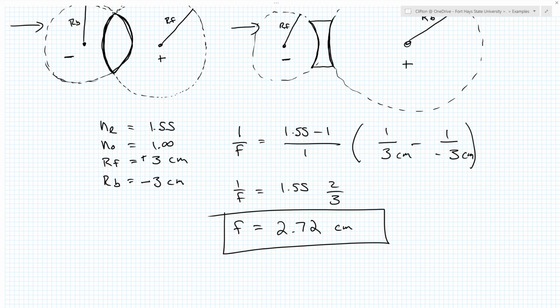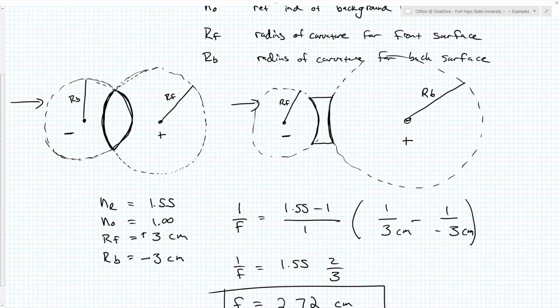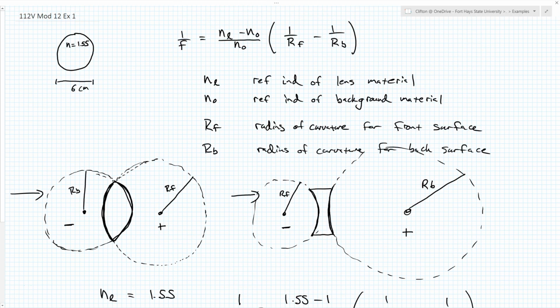Now there is another version of this Lensmaker's equation. And we are basically using the thin lens approximation, which we will always use for this class. So this is the Lensmaker's equation with the thin lens approximation. If I were to take this crystal ball and place it underwater, it would still refract, because the refractive index of the crystal is greater than the refractive index of water.